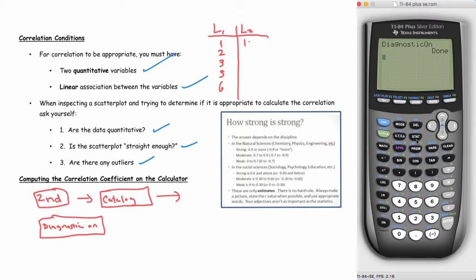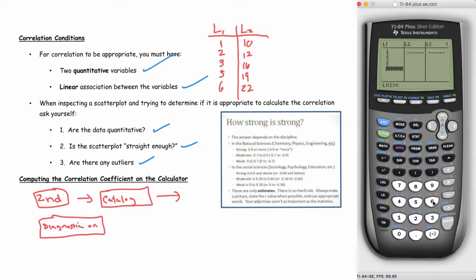And in L2, I'm going to put 10, 12, 16, 19, and 22. Again, just hit second, then stat, go to edit, and go into L1 and put those numbers in. You can pause the video and do that.